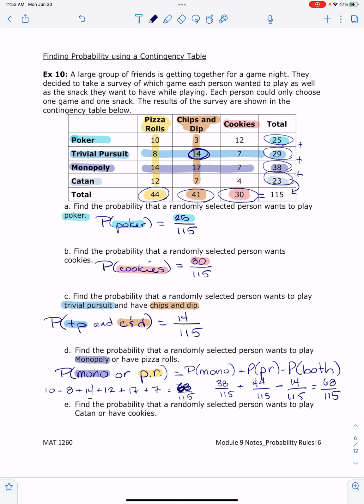So E, the probability that a randomly selected person wants to play Catan or have cookies. So here is our Catan players. It's this light gray. We have 23 out of 115 that want to play Catan. Plus, here are our cookies.